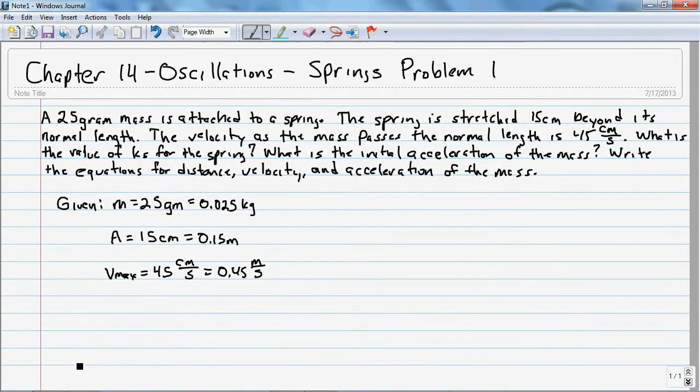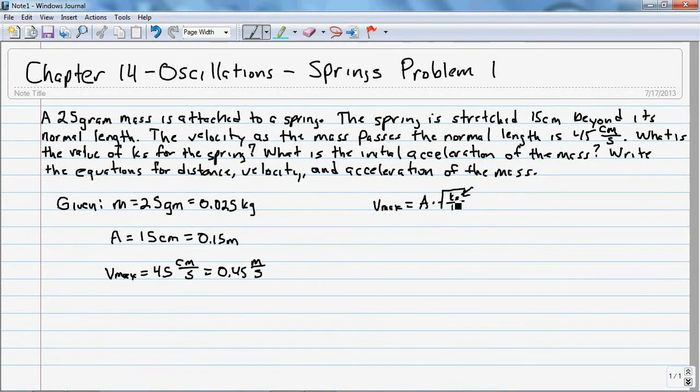Now, as we already said, the velocity is a max when it goes through that center point, and we know that max velocity is equal to the amplitude times the square root of K of the spring over the mass. And this is what I'm looking for.